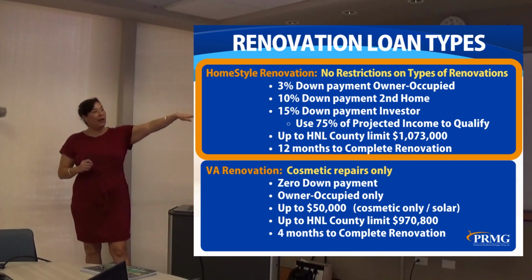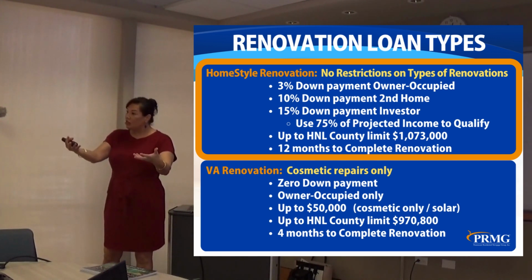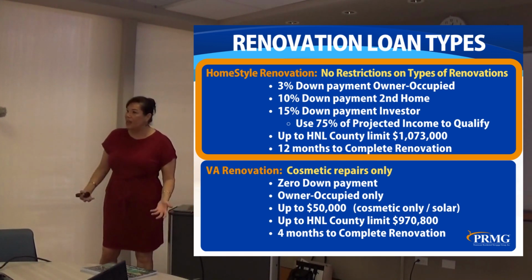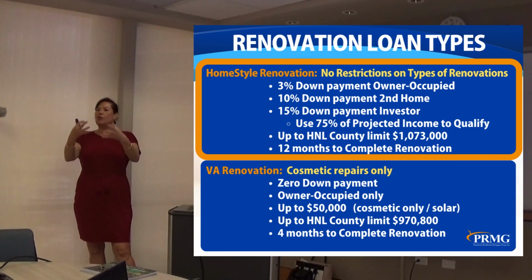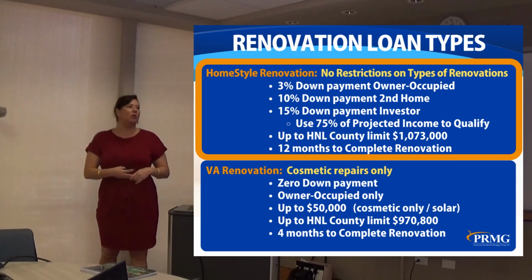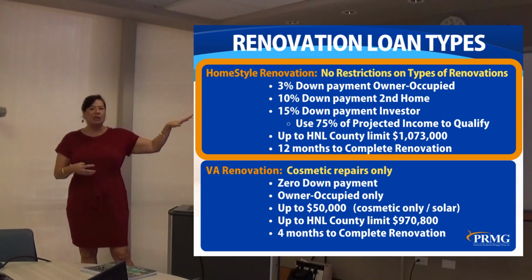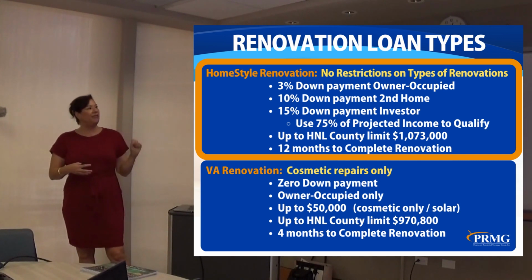So home style renovation, okay, this is the conventional answer to the FHA 203K. Everyone looked at FHA 203K, they got jealous, right, and they wanted to make their own program. So this was Fannie Mae, Freddie Mac's conventional answer to the FHA 203K.